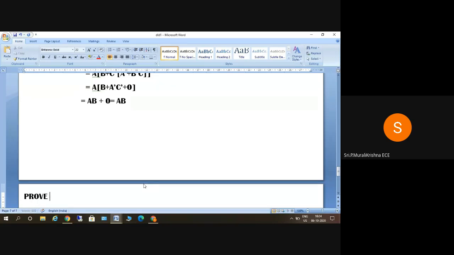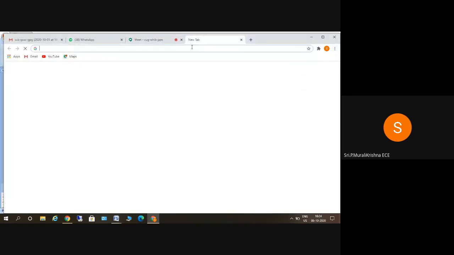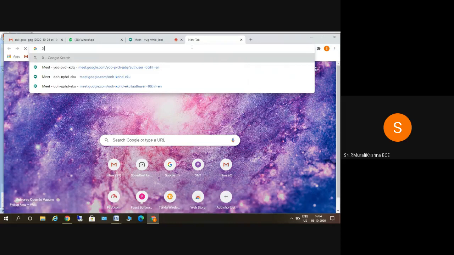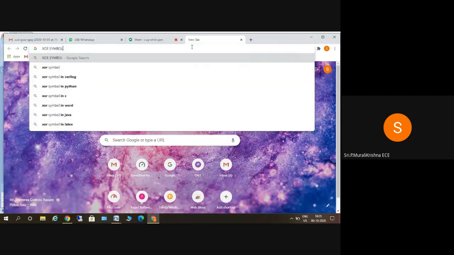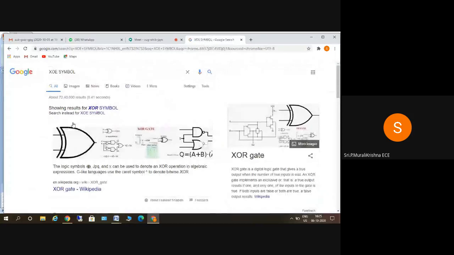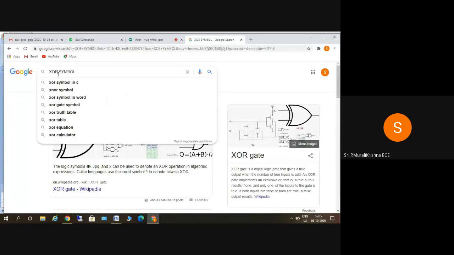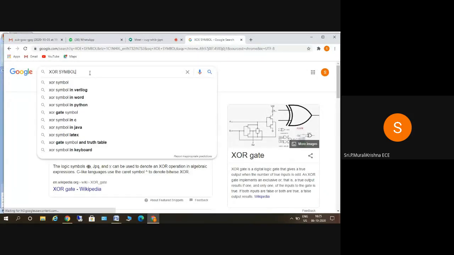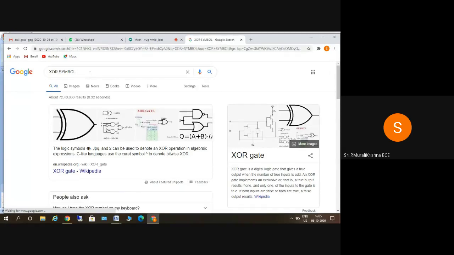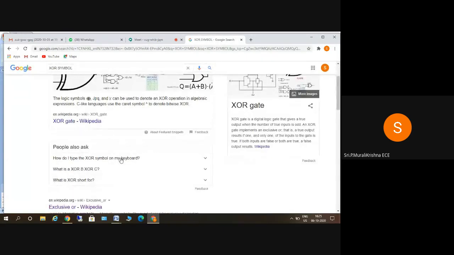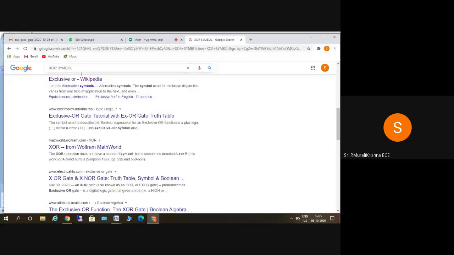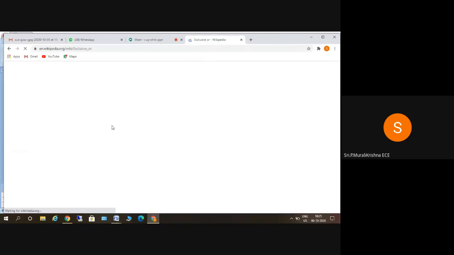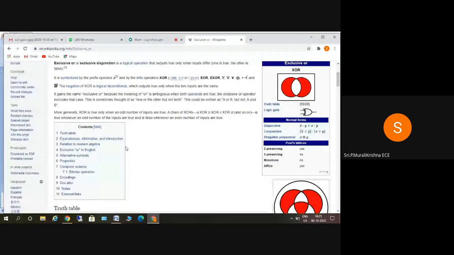So prove, XOR symbol. I need XOR symbol. One minute.